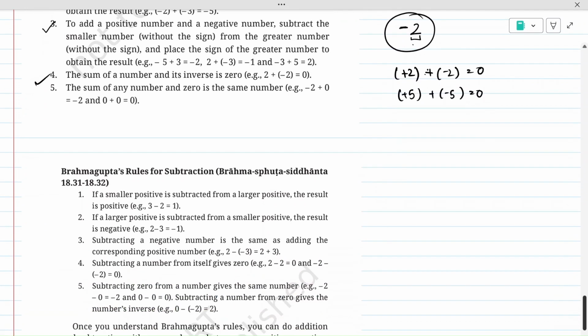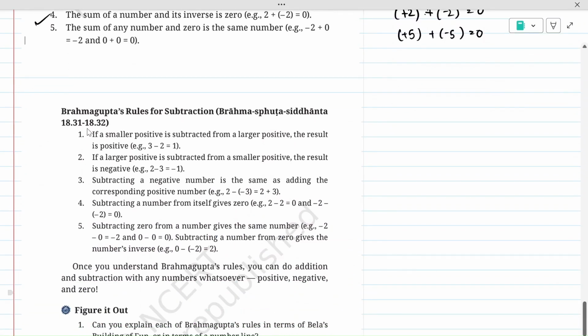Similarly, for subtraction, if a smaller positive is subtracted from a larger positive, the result will be positive only. If a larger positive is subtracted from a smaller positive, like 3 minus 10, the answer will be negative.